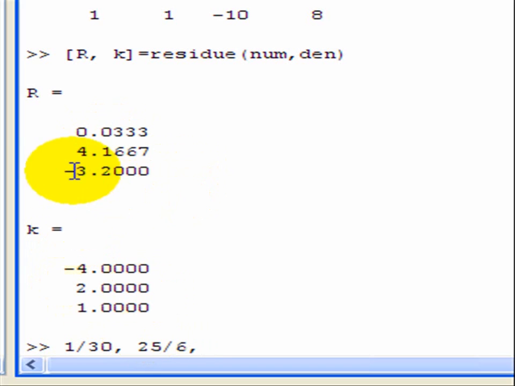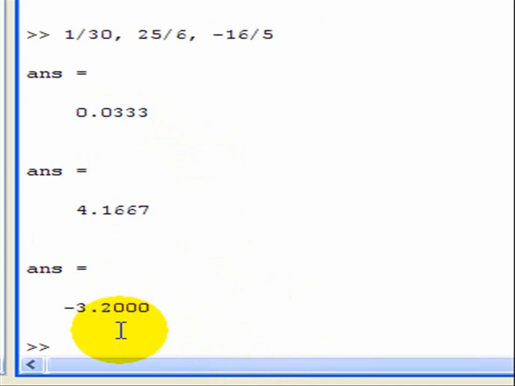And then negative 3.2 is associated with 16 divided by 5. And I'll put a minus just to be consistent, but you get the idea of how to calculate these coefficients. And we should get the same results shown here, here, and here. And that's what we have. So that's how you do the partial fraction expansion when you're given the coefficients of the numerator as well as the coefficients of the denominator.